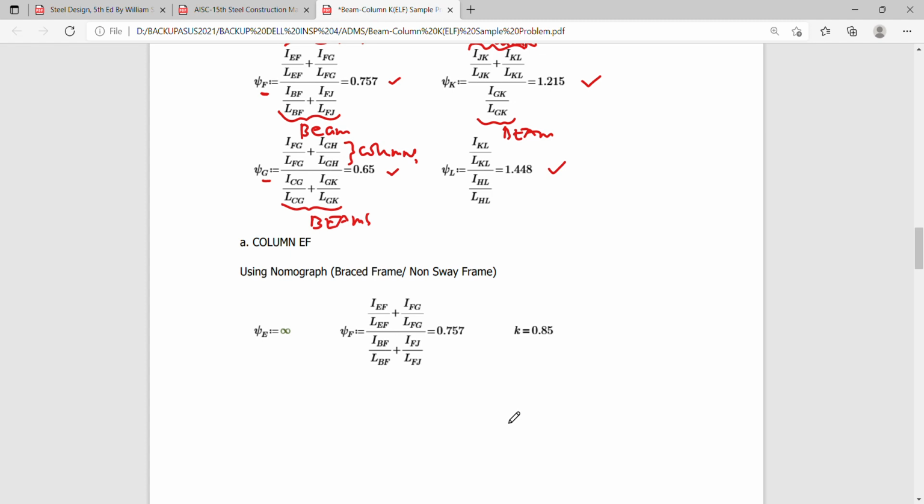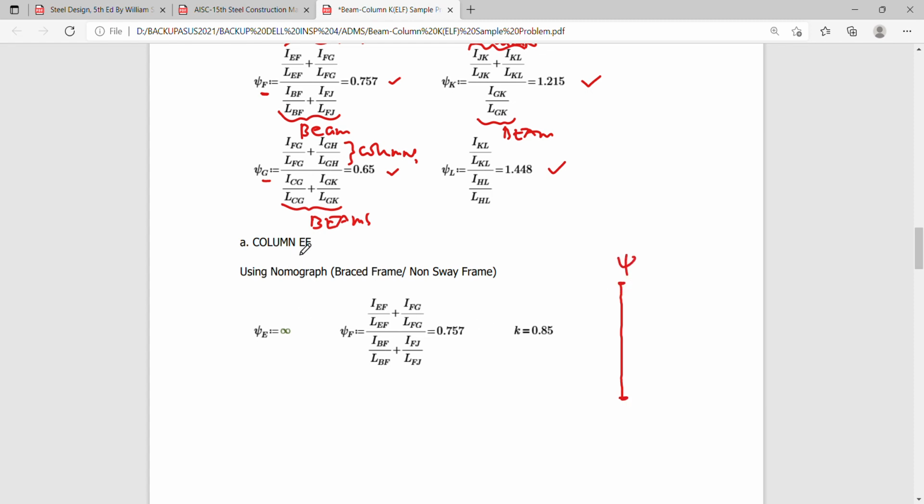So how do we use the nomograph in the determination of your equivalent length factor? Okay, the procedure is just to plot the value of your psi at one end.